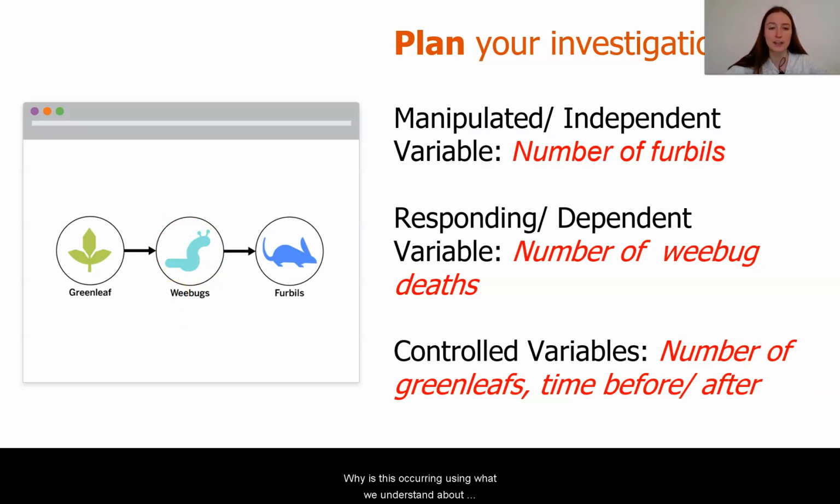Why is this occurring? Using what we understand about how these organisms interact, why might decreasing the furballs have any effect on the number of deaths occurring in the weebugs?